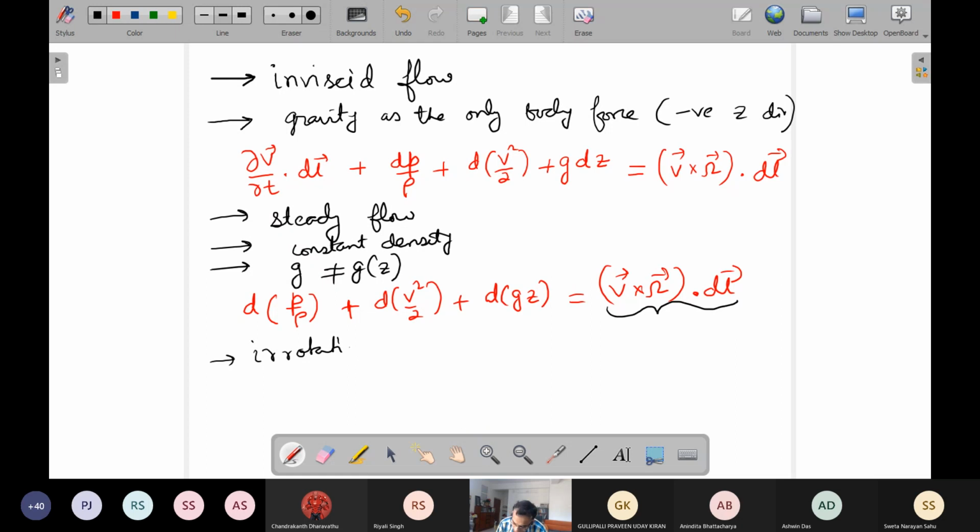So one is irrotational flow, which is equivalent to the vorticity as a null vector, or dl along a streamline, or maybe just another possibility.